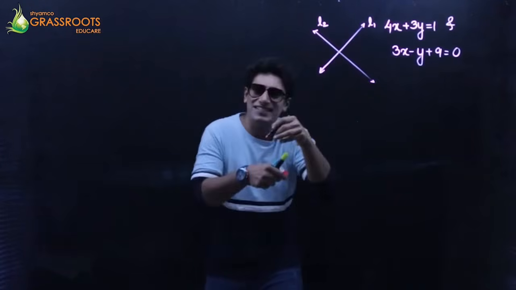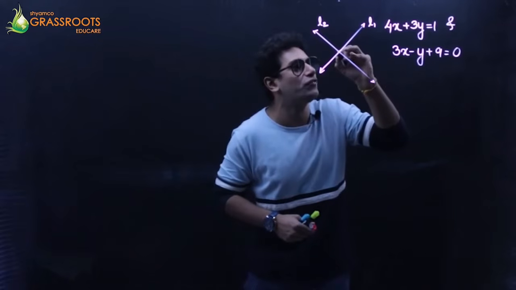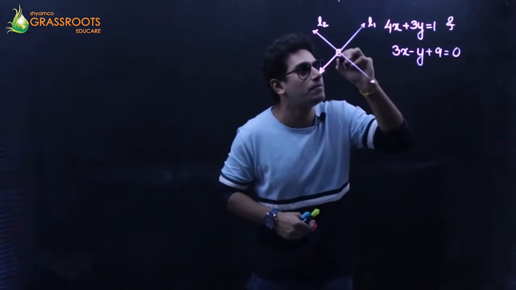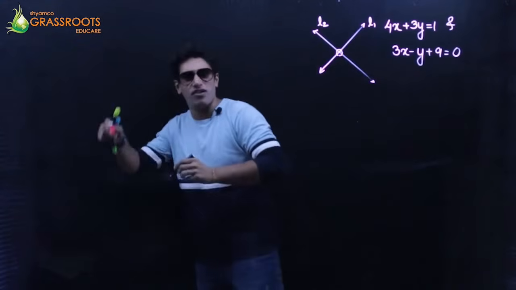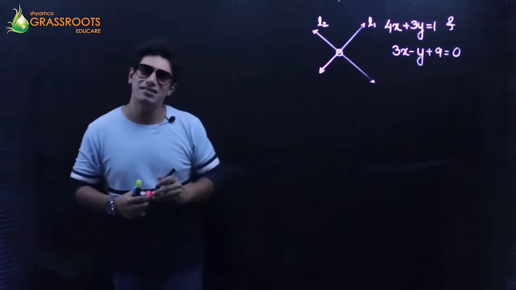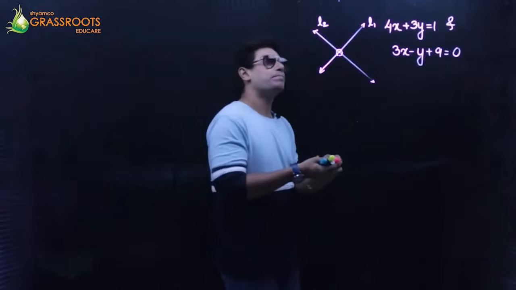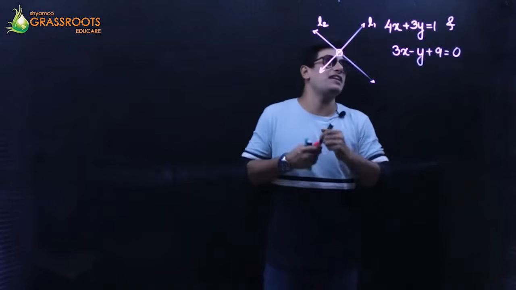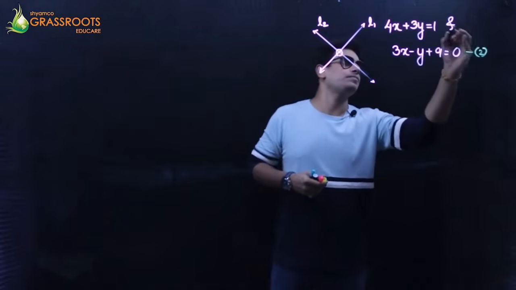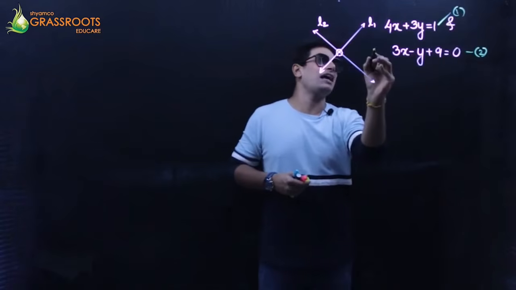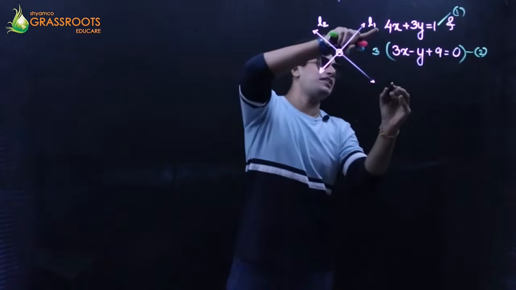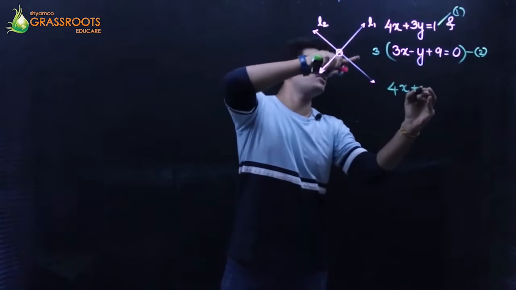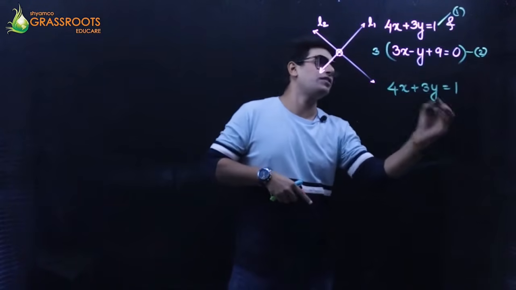The 2 lines are intersecting, so in order to get the point of intersection, can I solve them simultaneously? I just spoke about that a few minutes back. Solve them simultaneously. Multiply the second equation by 3. So the first equation I'll just rewrite: 4x plus 3y is equal to 1.